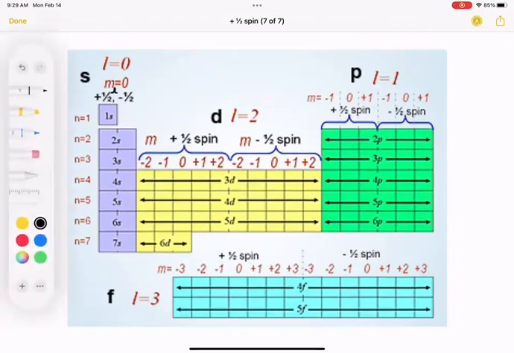And the way we worked it is these would be M sub L values. These are your M sub S values. And same thing over here. This would be your M sub L. These would be your M sub S's.